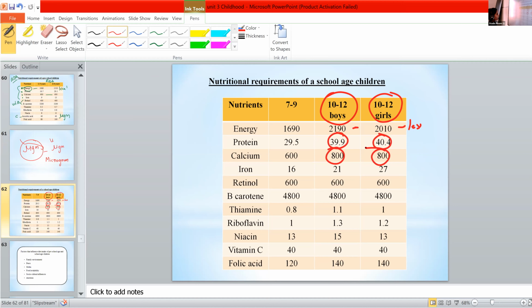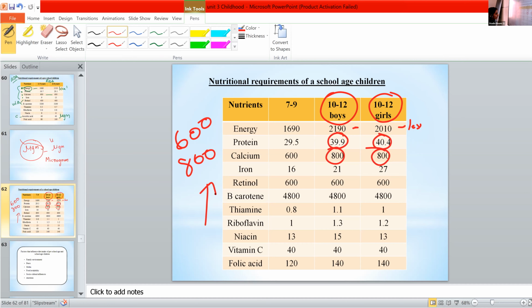Just check the amount of calcium in preschool time. 600. Yeah, it's 600. Age between 10 to 12, it's 800. So 600 to 800, increased.